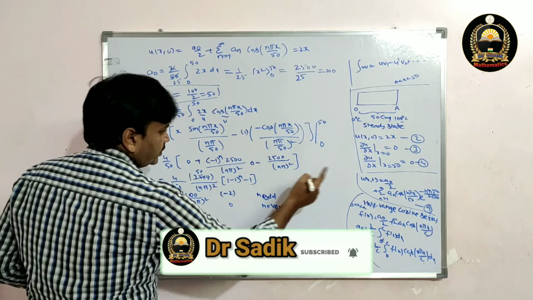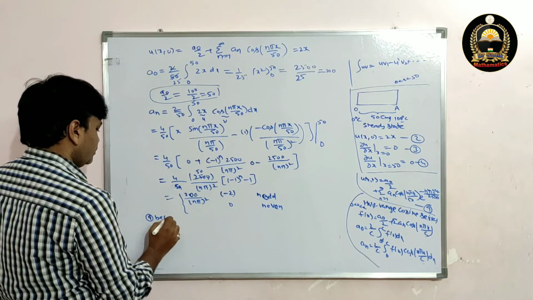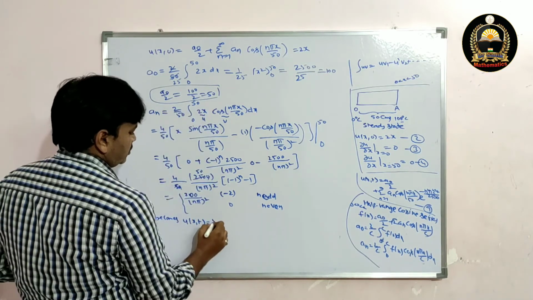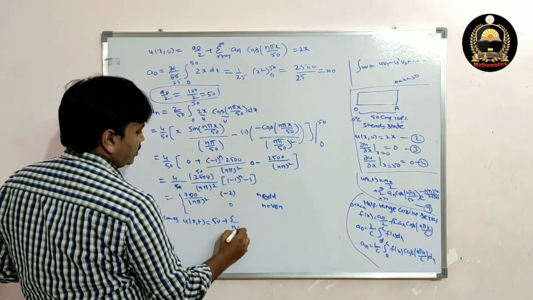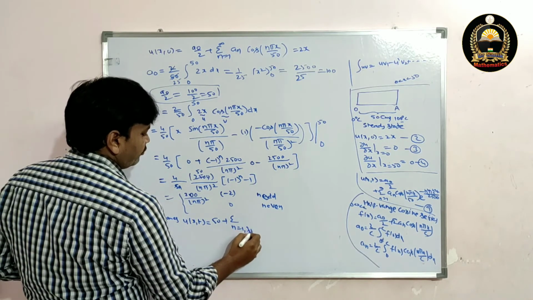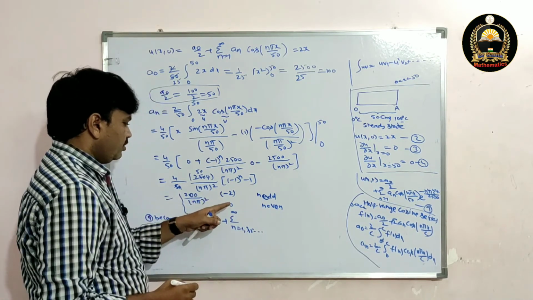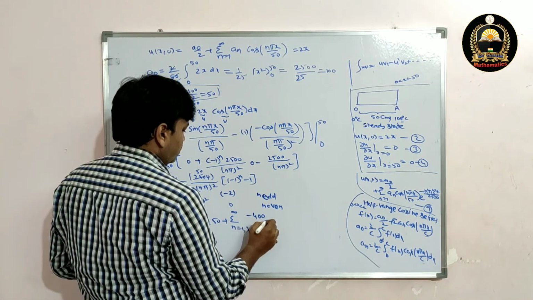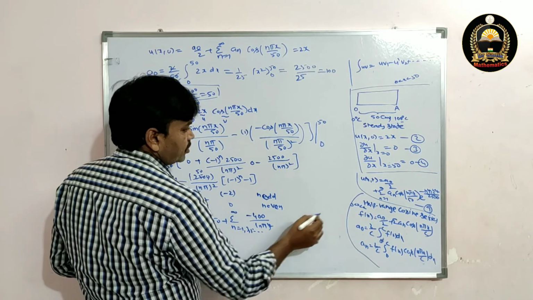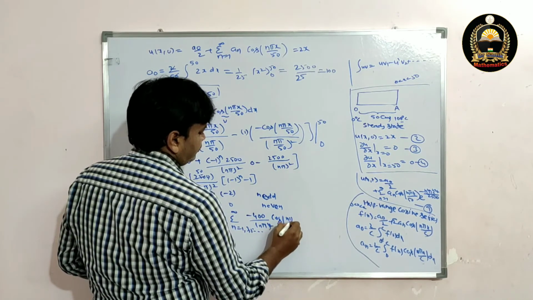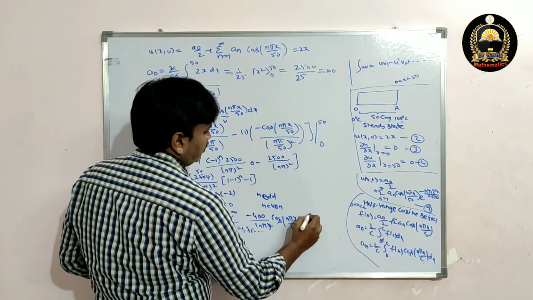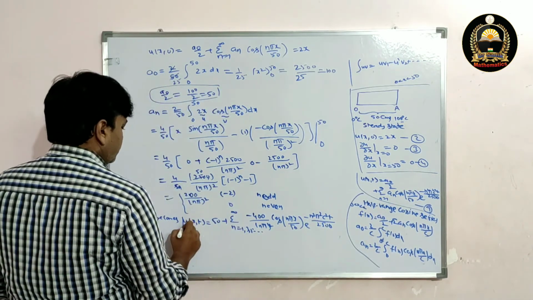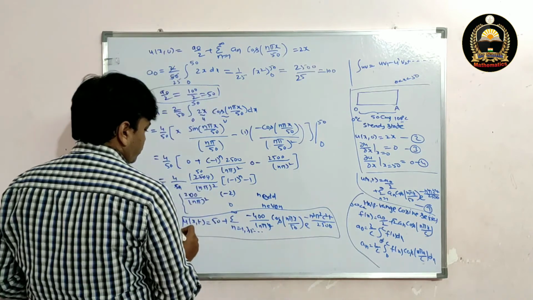Therefore the solution becomes u of x comma t is equal to a naught by 2 value 50, plus sigma n equals, here it is defined for odd values, so 1, 3, 5 and so on to infinity, minus 2 into 200, we get minus 400 by n pi whole square into cos n pi x by 50 into e power minus n square pi square c square t by 2500, which is the required solution of the given problem.